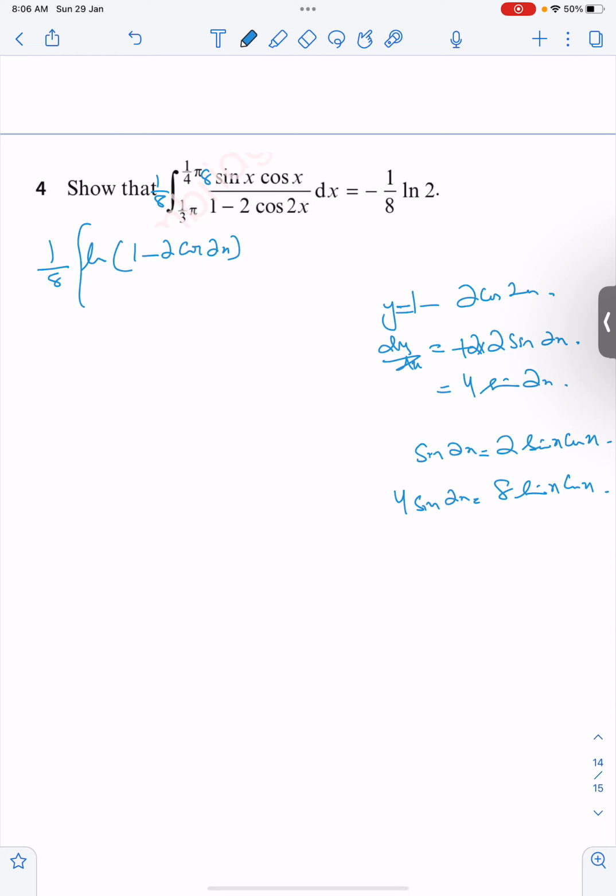Now I have to put the boundaries, so I'm keeping the constant outside and putting the boundaries of pi by 4 and pi by 3.